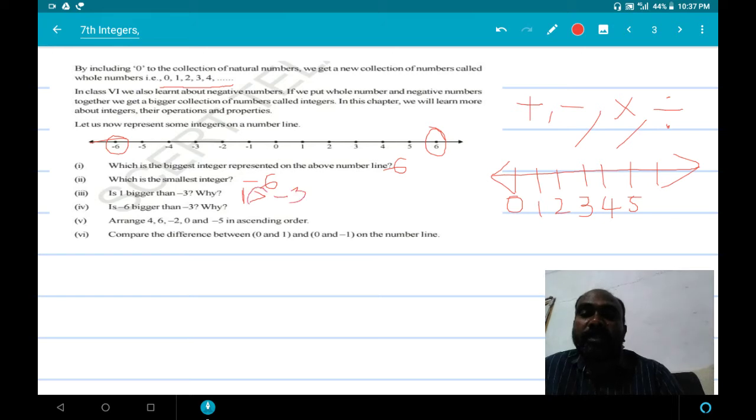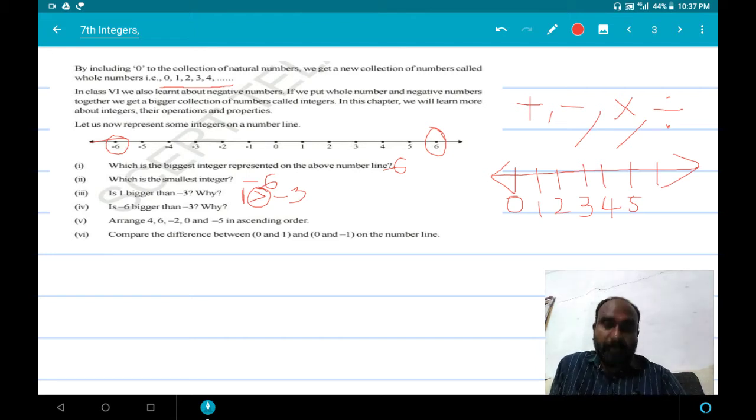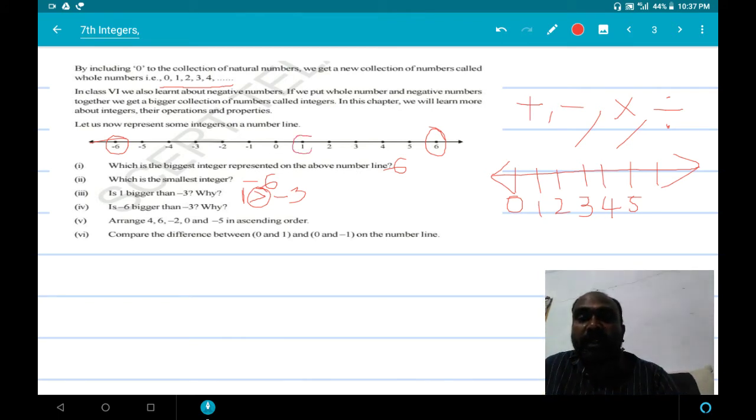Here this symbol is used for greater than or bigger than. Okay. 1 is bigger than minus 3. Why? Answer, justification. So here 1, where is 1? Here. Minus 3, where is minus 3?